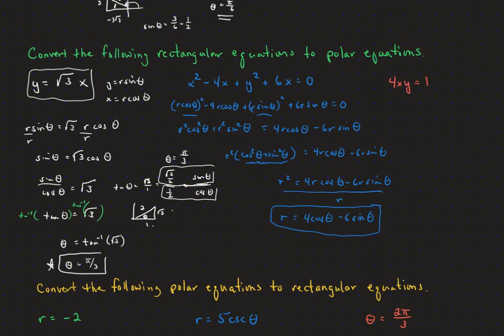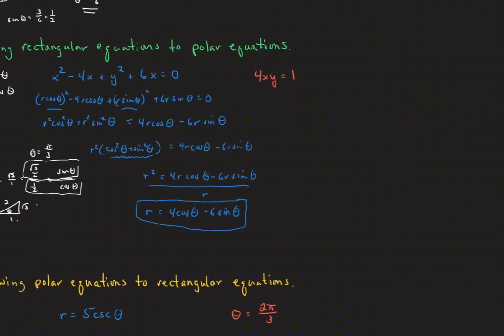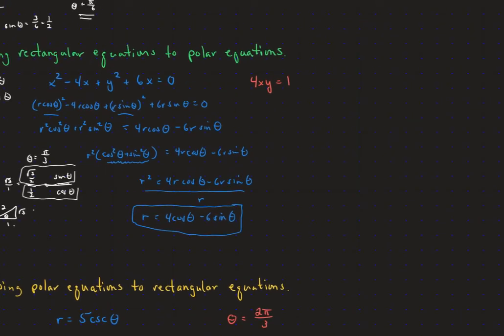Okay, I'm going to slide this over a little bit to give myself a little more room. So we're going to start again by calling x r cosine theta and the y r sine theta, and that's equal to 1.